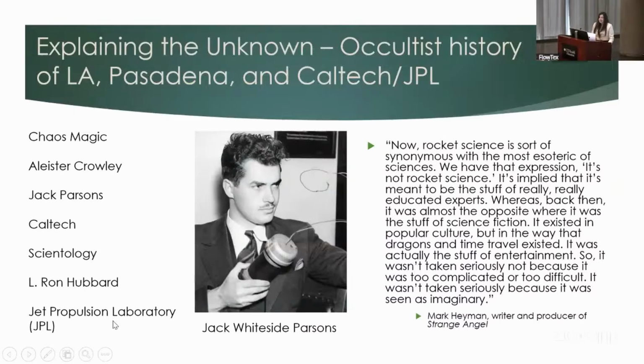No, I got it. All right, so this is probably not where you thought I was gonna start. I figured we were gonna have a lot of technical talks, and then I was gonna say a lot of technical things, so you probably wanted a mental break. The occultist movement in Los Angeles and Pasadena runs hand in hand with the early days of Caltech and JPL. Jack Parsons, one of JPL's founders, which is also appropriate because we just had somebody from NASA, was deeply involved in this world.